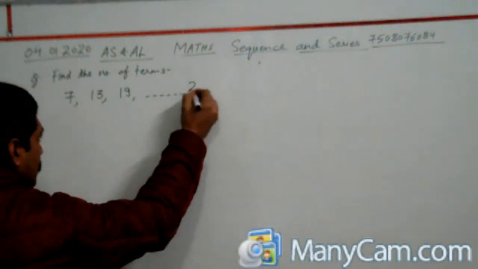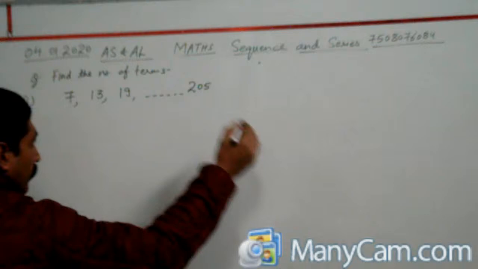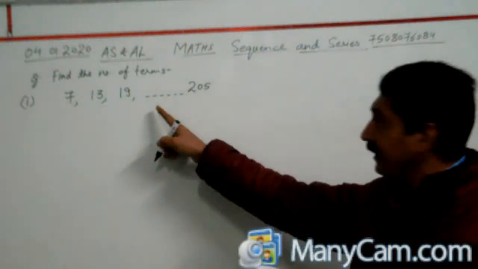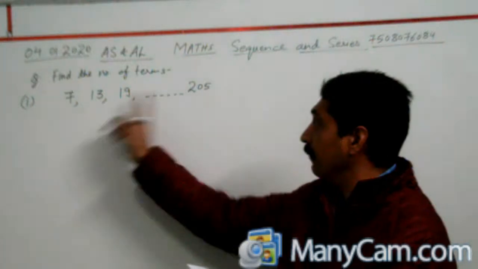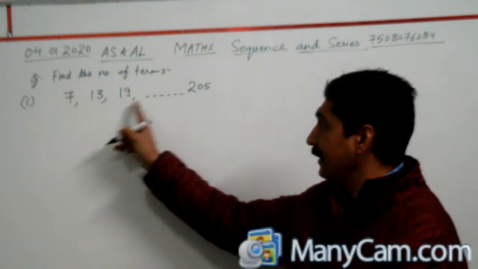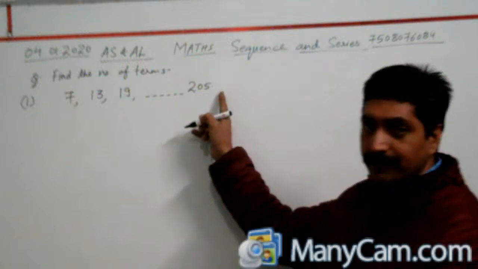The last one is 205. Start finding the total number of terms n. 7, 13, 19, dash, dash, dash, 205.